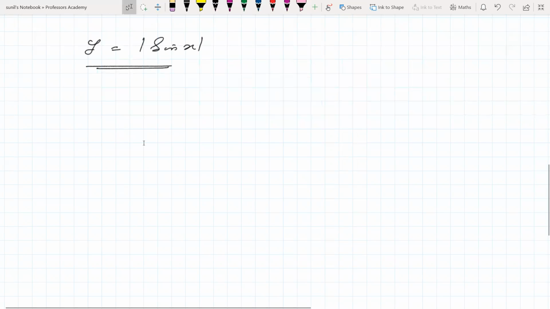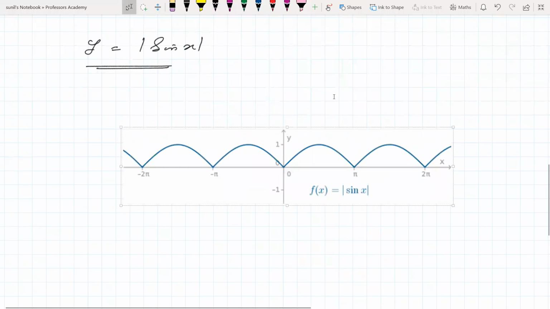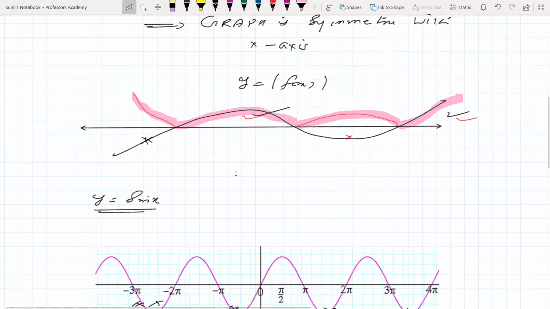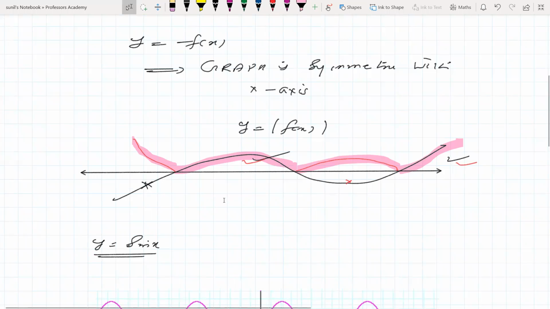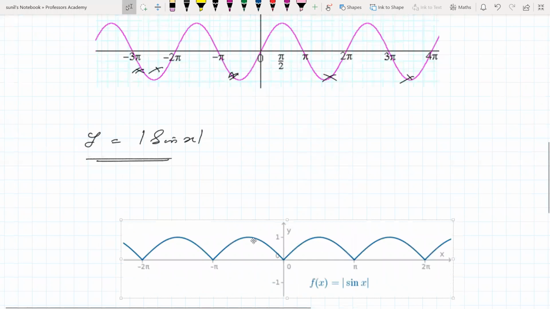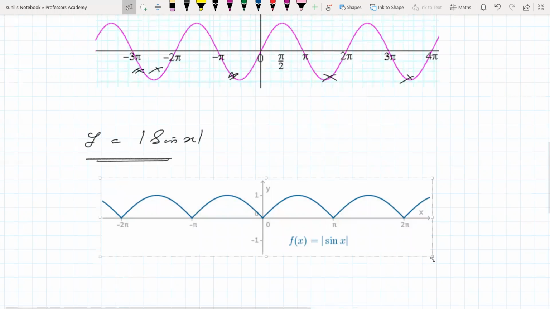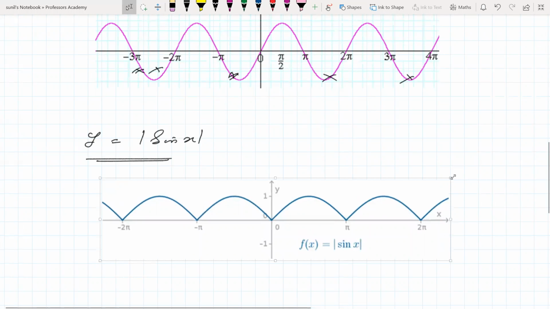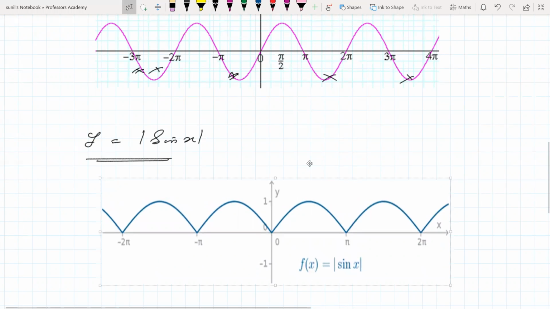Wherever the graph is below the x-axis, we want to take the reflection part. So here the reflection part is coming out. You see something like it is coming. So for y equal to mod of sin x, the y value always comes out positive.